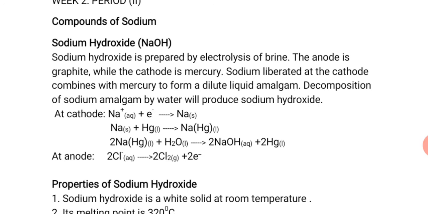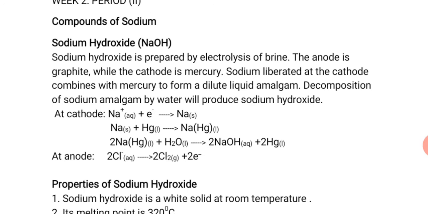This sodium atom deposited reacts with mercury, Na plus Hg, to give NaHg, which is sodium amalgam in liquid form. The sodium amalgam formed now reacts with water to give sodium hydroxide and mercury, meaning that sodium hydroxide has been produced at the cathode with the above reactions.